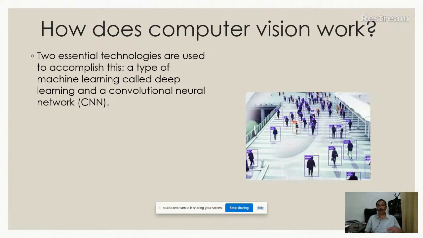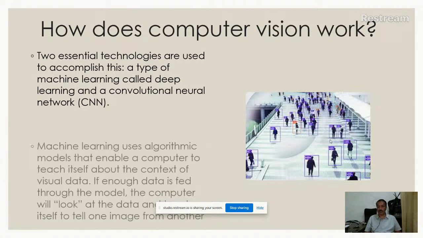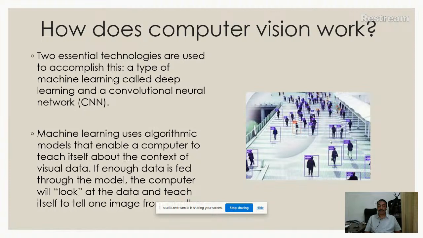Of course, these are all part of our training in the supply chain analytics program, which is also a part of digital supply chain. Machine learning uses an algorithmic model that enables a computer to teach itself about the context of visual data. If enough data is fed through the model, the computer will look at the data and teach itself to tell one image from the other.